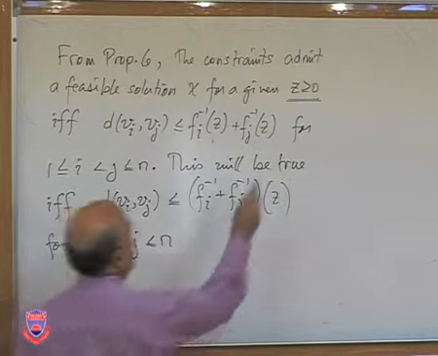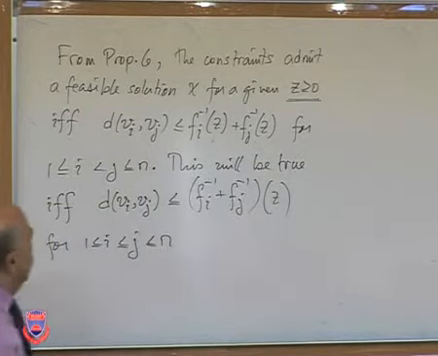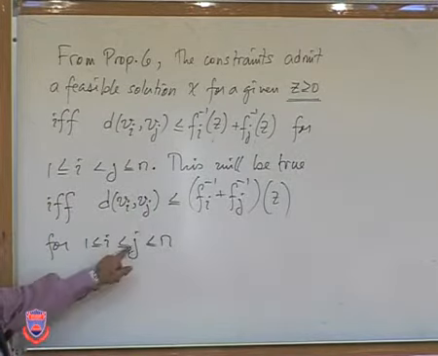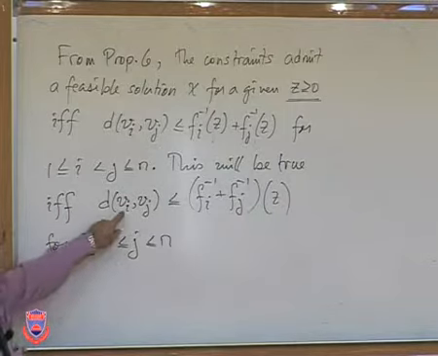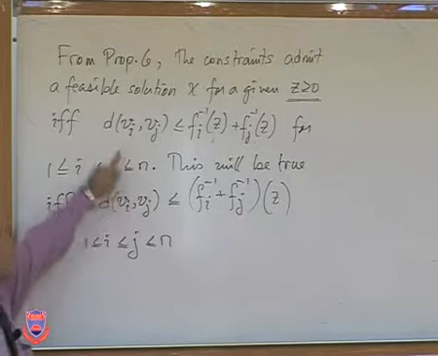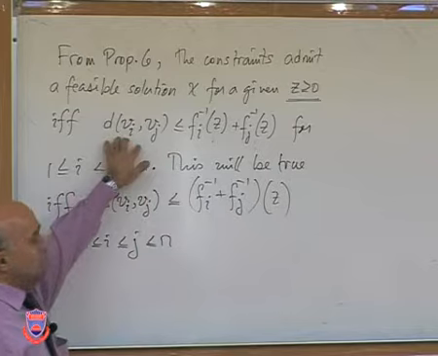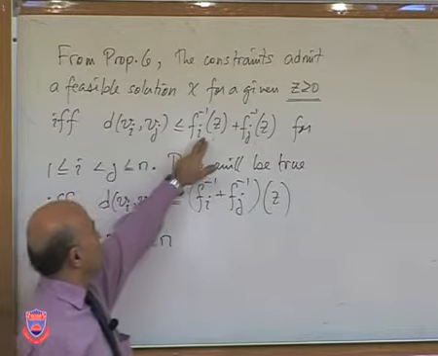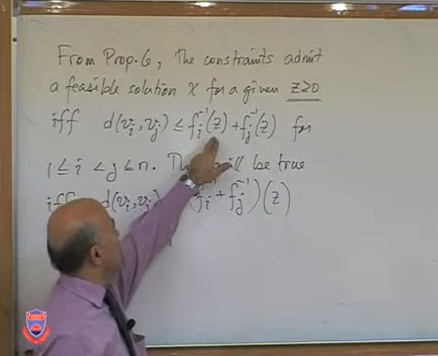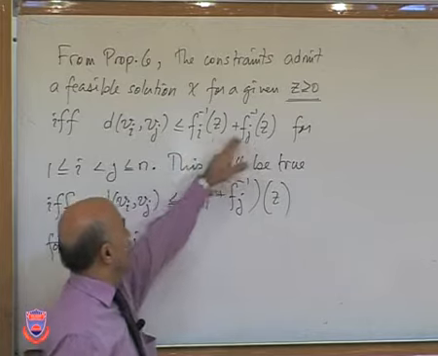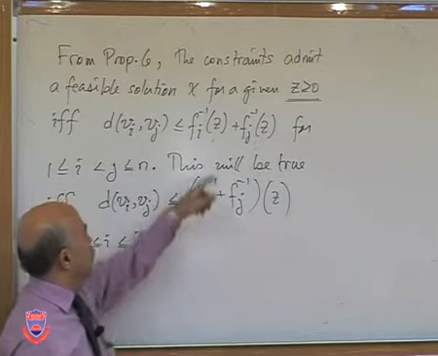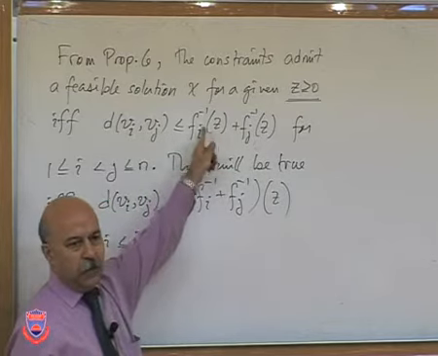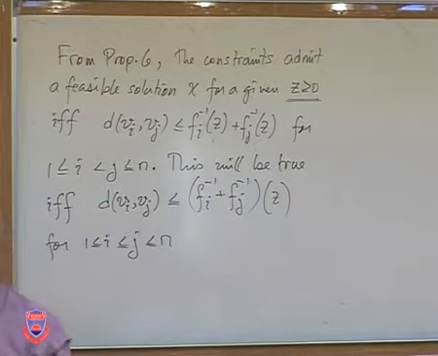Why is the condition z being greater or equal 0 equivalent to having i equals j here? Because when i equals j, that's over here, the distance is 0, and you're looking at fi inverse plus this one being greater or equal 0, that surely requires z to be greater or equal 0. Okay?